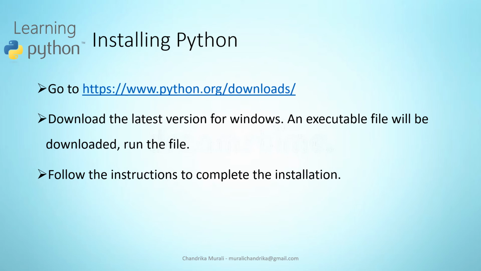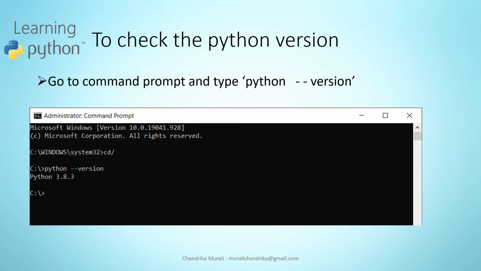And once you're done, if you want to check whether Python is installed correctly or not, you can go to the command prompt and type python --version. It will give you the version of Python installed on your system.